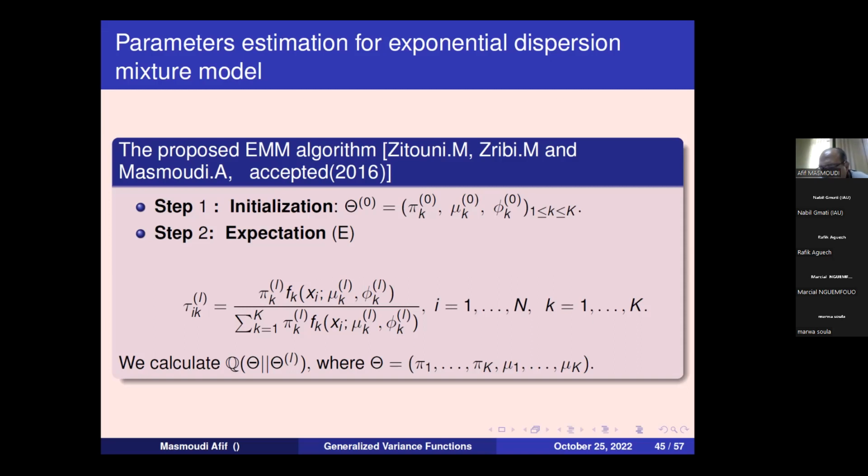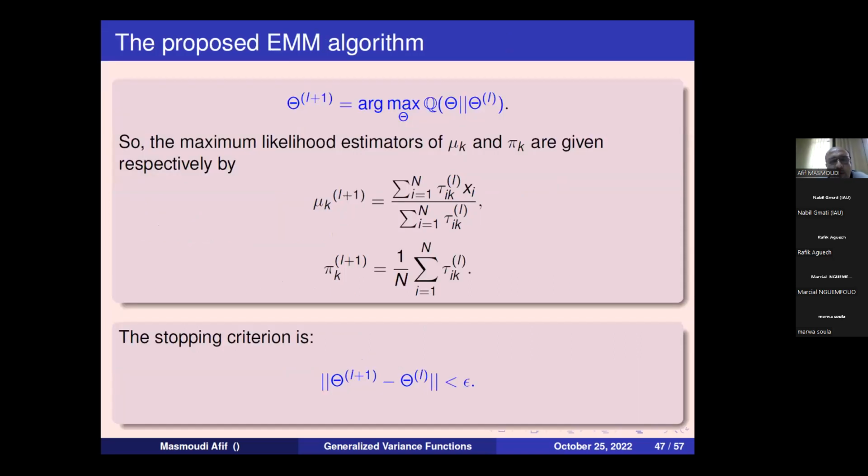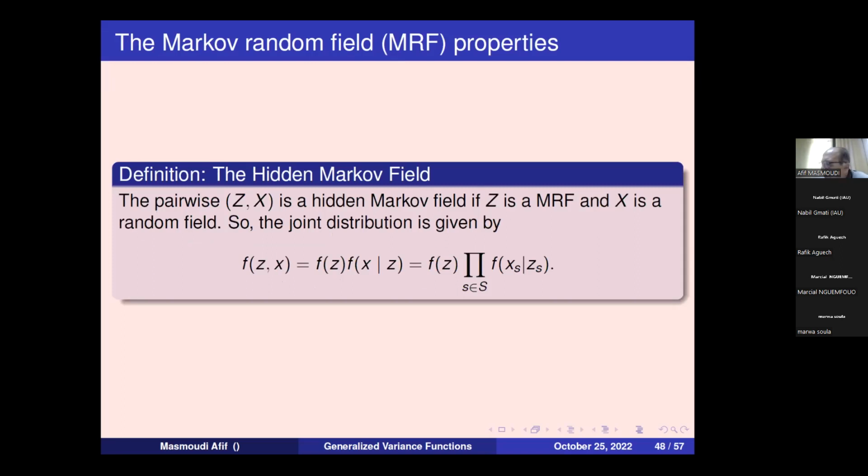In this context, we also apply the 3D model for the hidden Markov field. So we consider the pairwise (Z, X) is a hidden Markov field if Z is a Markov random field, and we have the joint distribution given by this product.